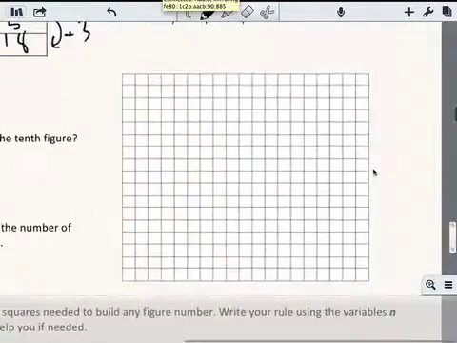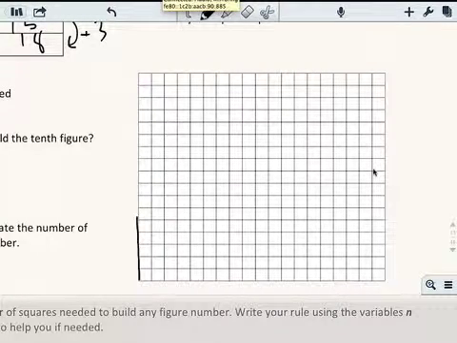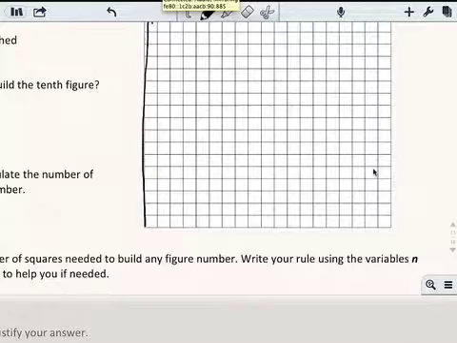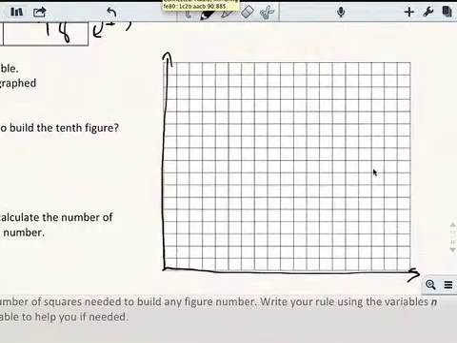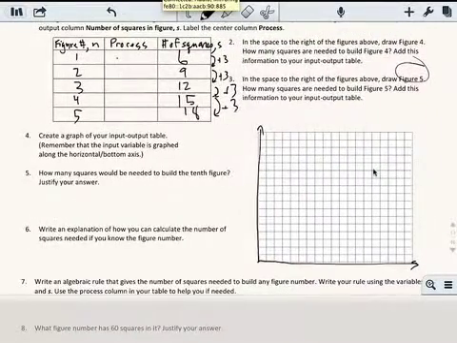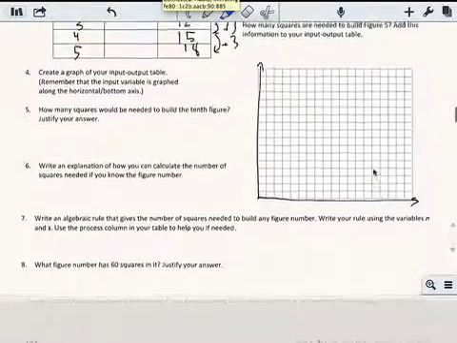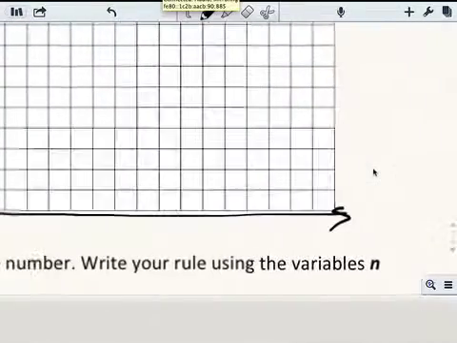So I know I'm going to need axes, so I'll go ahead and draw those in. Maybe not that arrow there. And I need a horizontal axis. I need to decide what my axes are. So figure number N is the kind of x variable, so I'm going to put that down here.